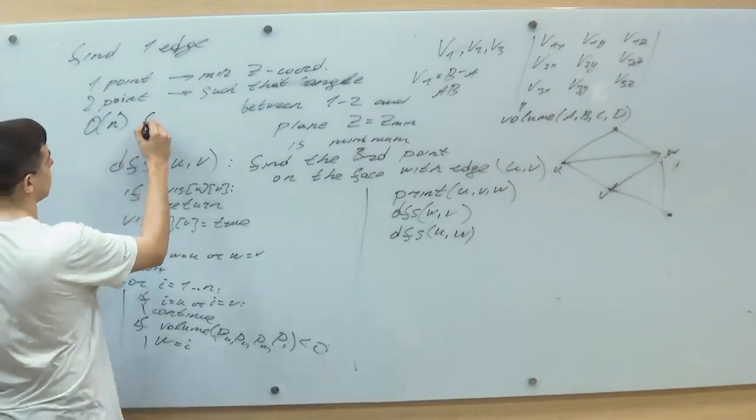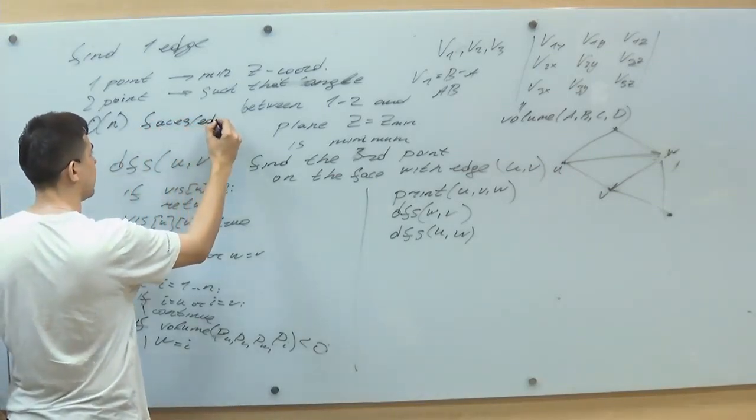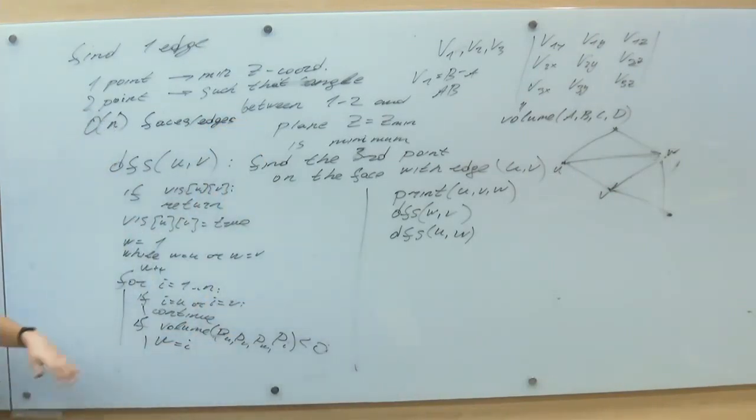So we have O(n) faces or edges or vertices. So this DFS will explore a linear number of edges, and for each edge we do a linear scan, so the total time is big O of n squared.